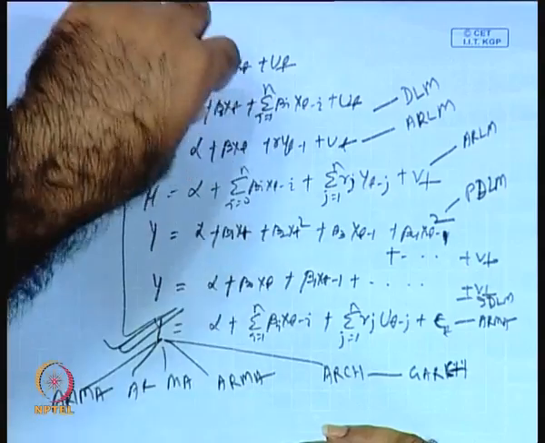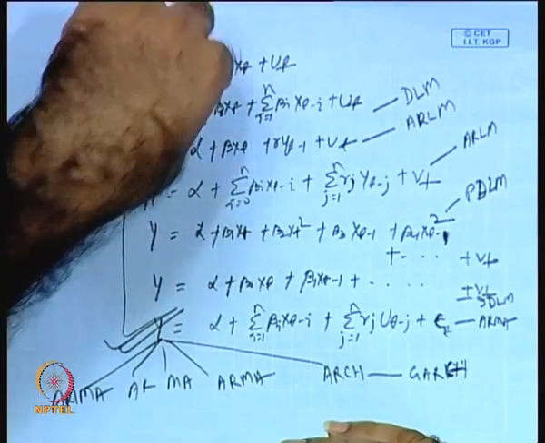So, at a particular point of time we are very much concerned about the estimation of a particular model. Okay. So, before estimation of a particular model, we have to be very careful about so many things.